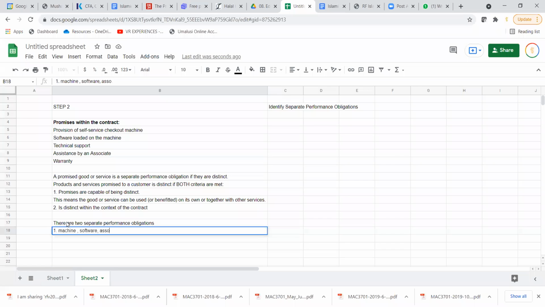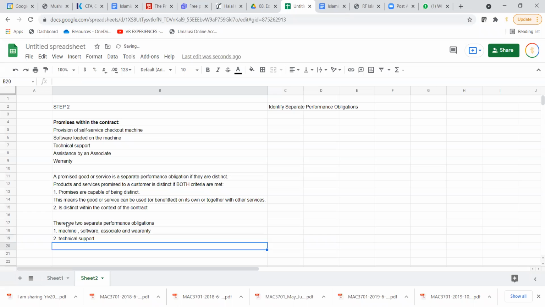Associate and warranty. So that is one performance obligation, because it either did not meet criteria number one, or it did not meet criteria number two, or it did not meet both. And then the second one is the technical support. So those are the two separate performance obligations.